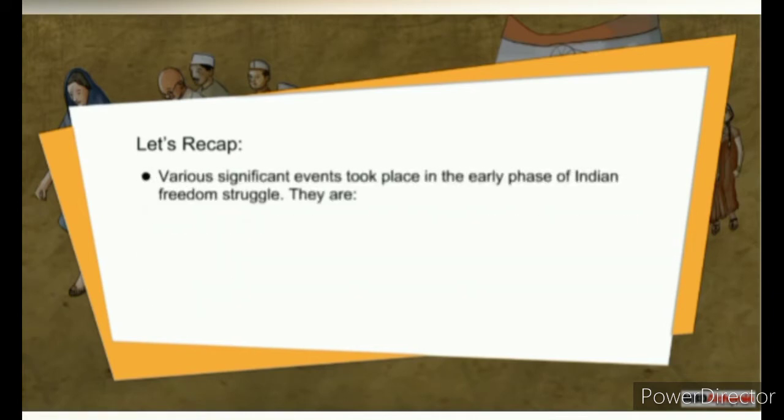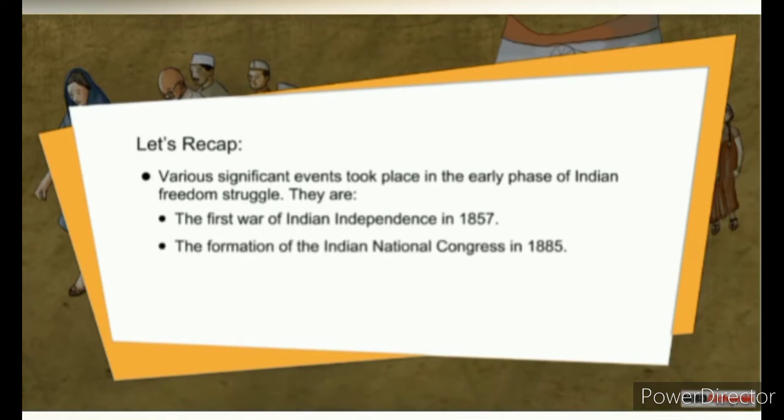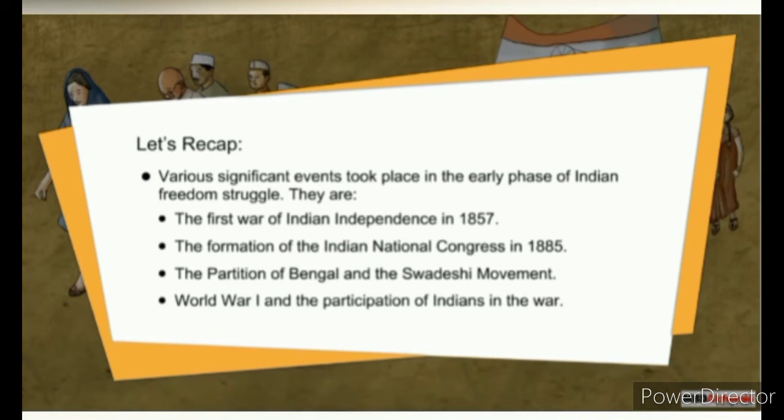Various significant events took place in the early phase of Indian freedom struggle. They are the First War of Indian Independence in 1857, the formation of the Indian National Congress in 1885, the partition of Bengal and the Swadeshi movement, World War I, and the participation of Indians in the war.